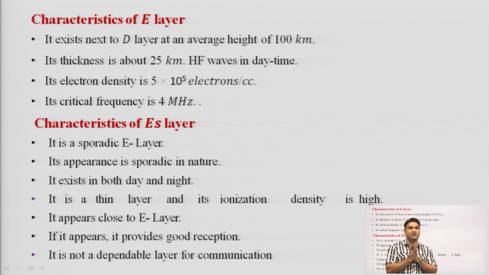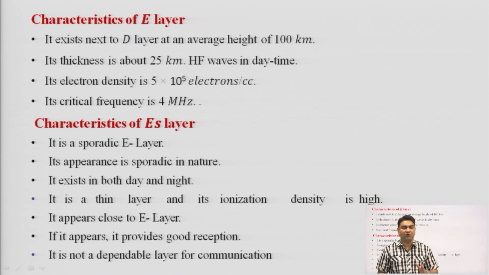Characteristics of the E layer: because it is the upper layer from the D layer, it has a larger frequency range which can be reflected back from the E layer. That is why it exists next to the D layer at an average height of 100 kilometer from the earth surface.